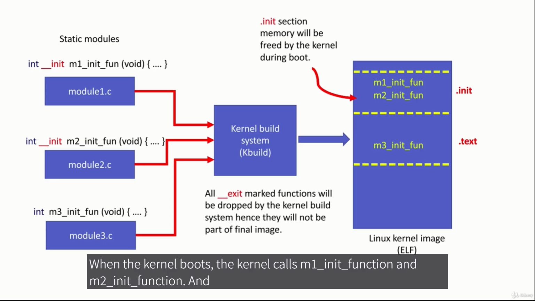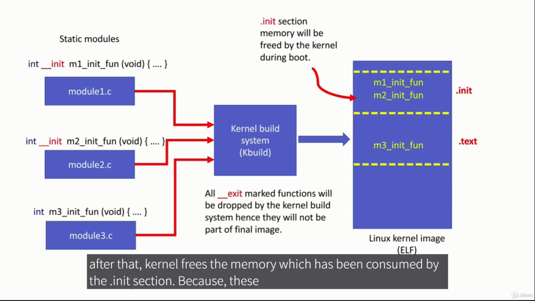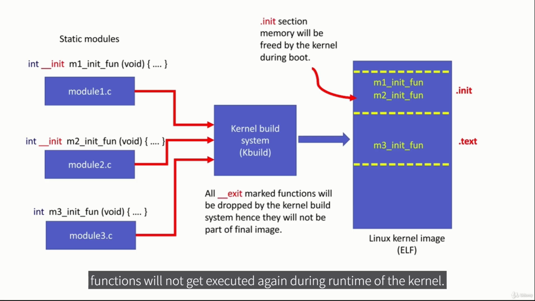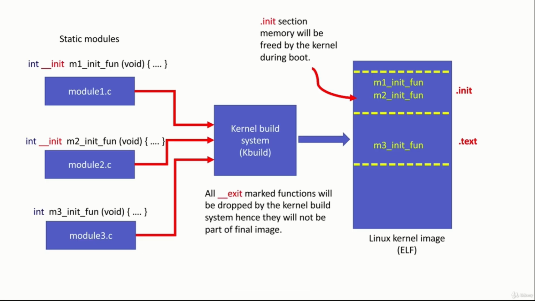When the kernel boots, the kernel calls m1_init and m2_init. And after that, the kernel frees the memory consumed by the .init section, because these functions will not get executed again during the runtime of the kernel. That's the reason. What's the use of keeping that .init section? It will get freed.